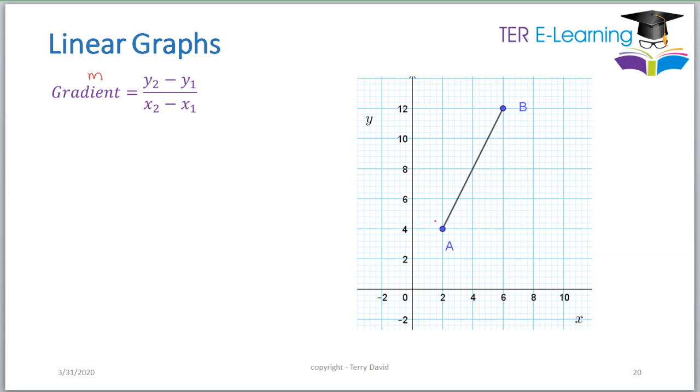I have a line segment here, joined by the points A and B. In the exam, according to how CSEC sets the exam, they can give you a graph like this and ask you to find the gradient of this line. Let me show you how we're going to use this equation to determine my gradient.